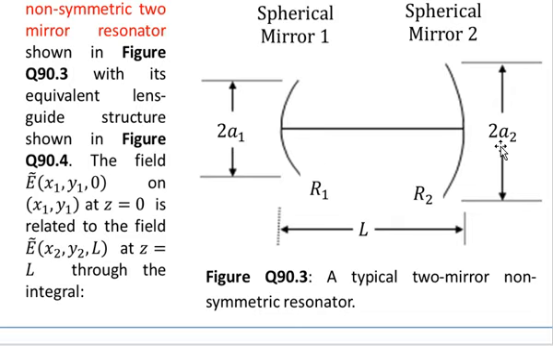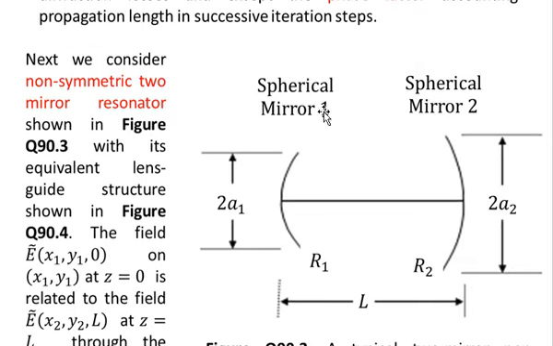But here we are limiting the size of these mirrors to a value of 2A1 and 2A2 respectively. And it is a non-symmetric resonator because the two mirrors have different radii of curvature. So this is what we are now going to discuss.